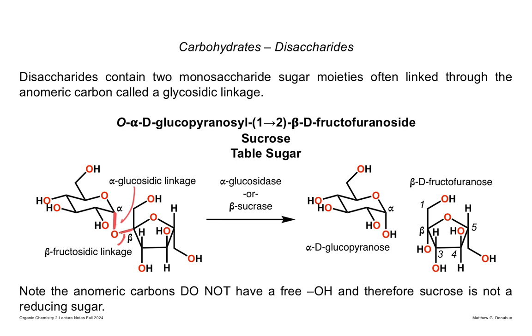It's added to stuff. Over the arrow here, you see this alpha glucosidase or beta sucrase. In biochemistry, things that end in ASE are enzymes. An enzyme is just a large biomolecule in your body that carries out a very specific chemical reaction. You can get an idea based on the name of the enzyme what it does. These enzymes hydrolyze those specific linkages.